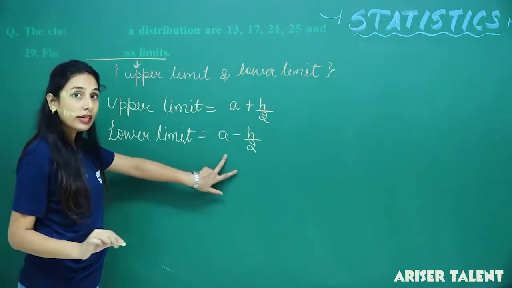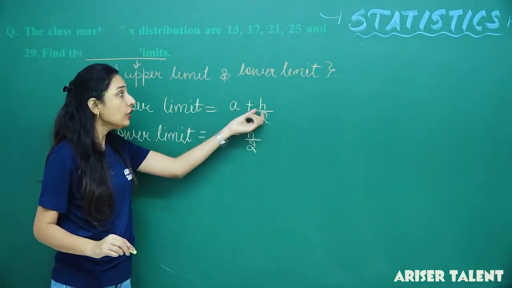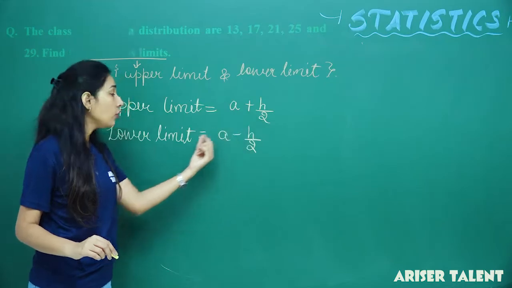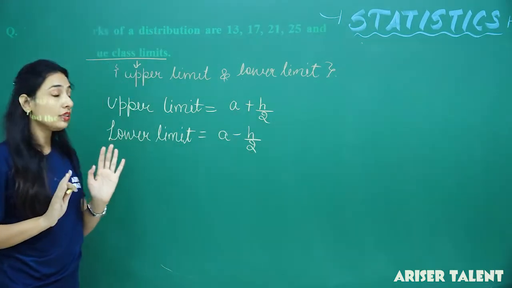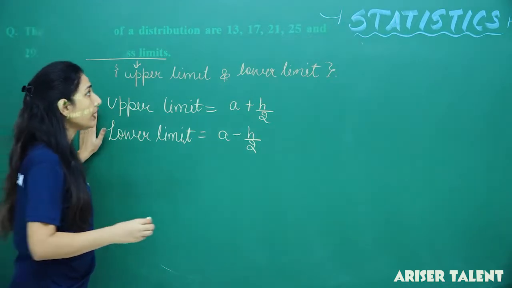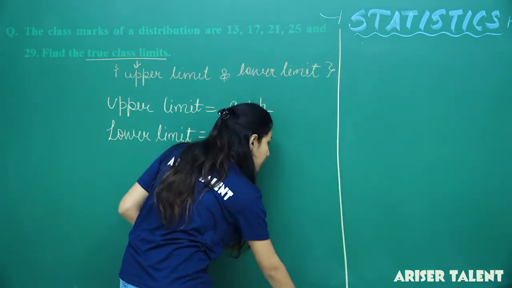This is the second formula. Upper limit will be higher, so I am adding H by 2, and lower limit will be less, so I am subtracting H by 2. Isn't it obvious? So, this is the formula we are going to use in this particular question.